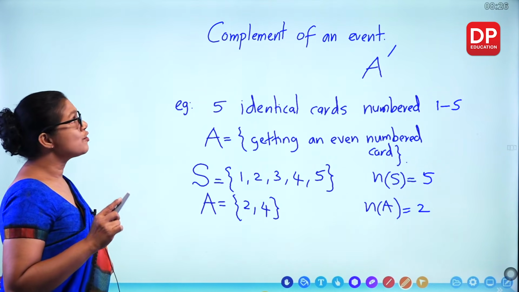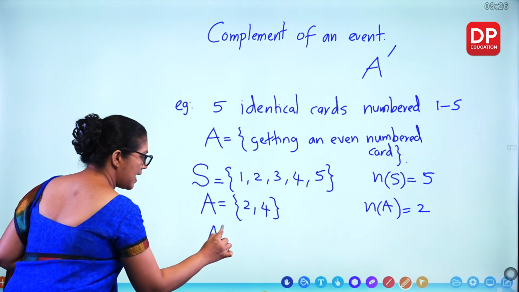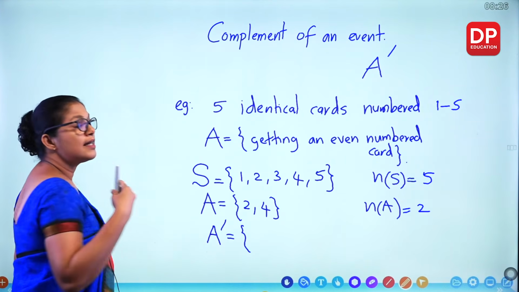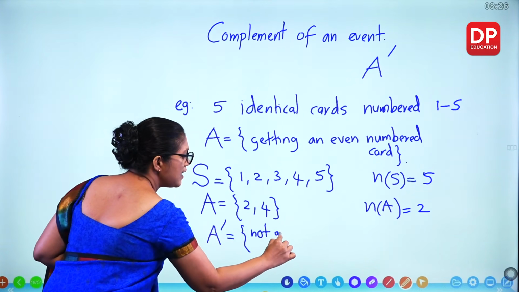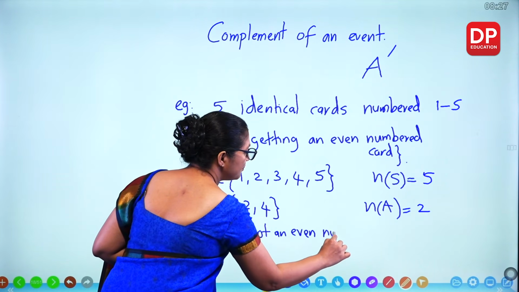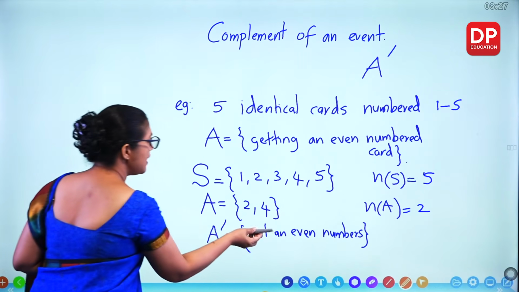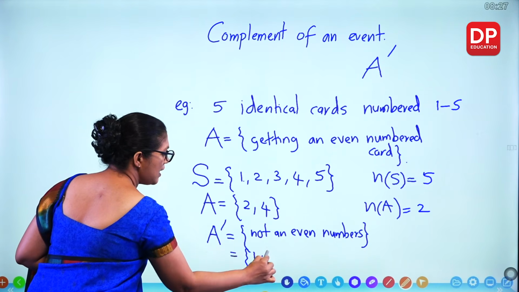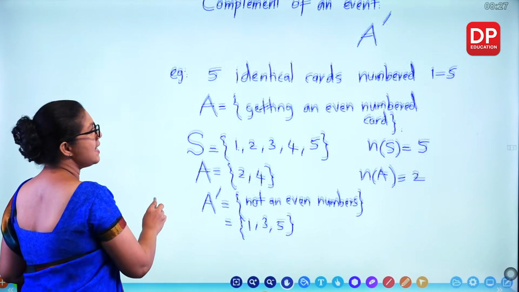Now we need to find the complement of that, A dash. What's the definition? Not an even number. Not an even number means the other numbers: 1, 3, 5.